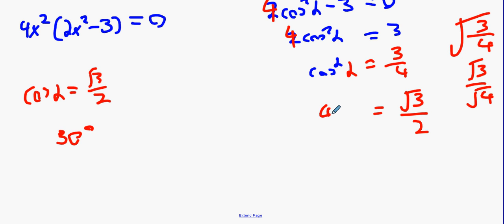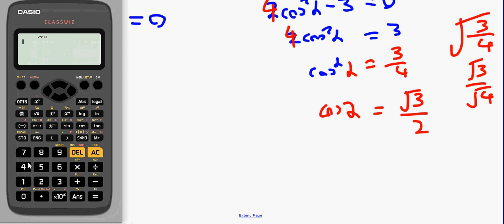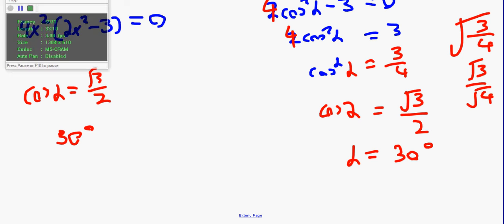And then you cos inverse that, shift cos inverse. And lo and behold, there's your 30 degrees, as predicted. And thank God I am done with that question, and I shall hopefully be on to question 9 soon enough. The end. 33 minutes that took.